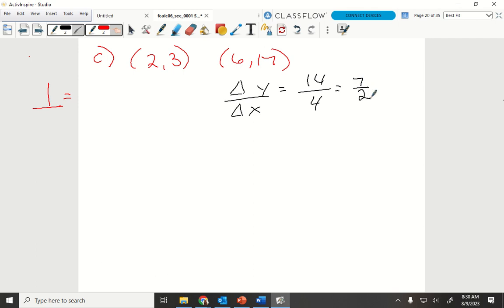Yeah. Okay, so now let's start with my perpendicular. Since I know my slope, the perpendicular to that slope would be the opposite reciprocal, negative 2 over 7. Very good. Now, what does the word bisect mean?